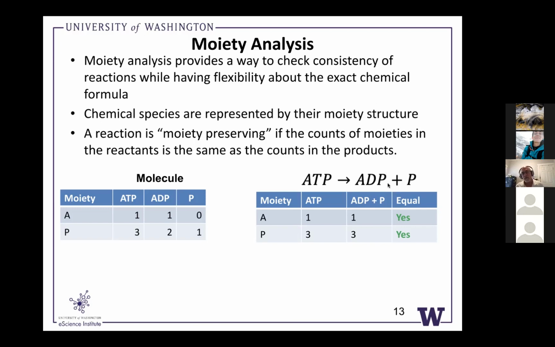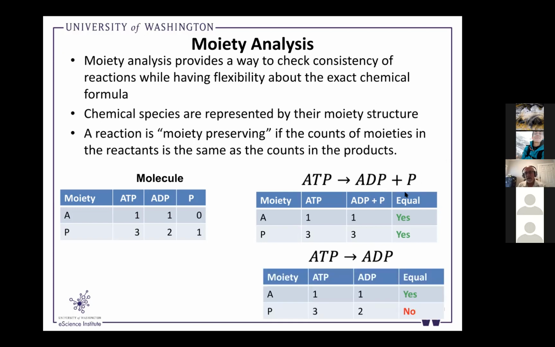The other thing that you can do with this, which is very convenient, is if you decide that the inorganic phosphate is actually implicit because of your chemical environment, you can decide, maybe I should just write it as ATP goes to ADP.